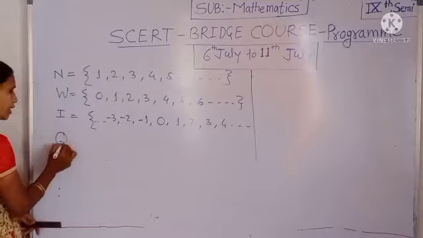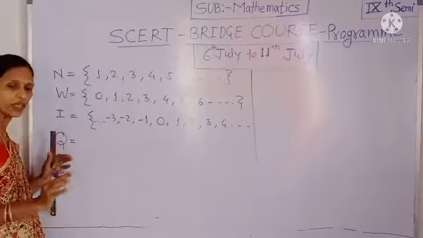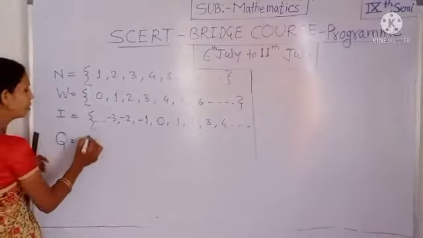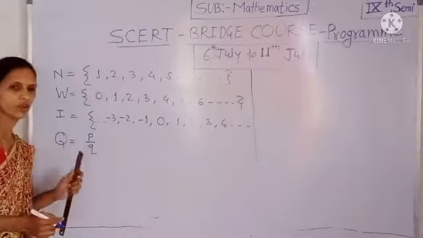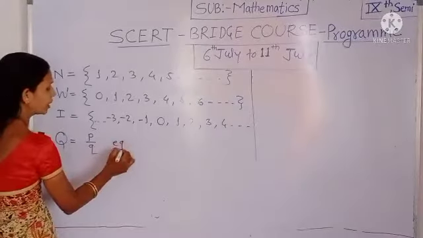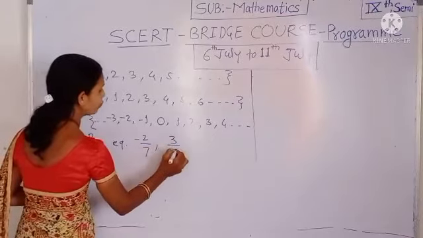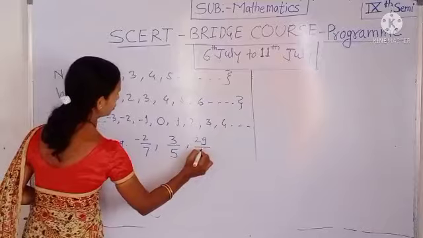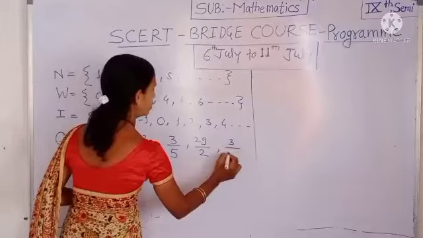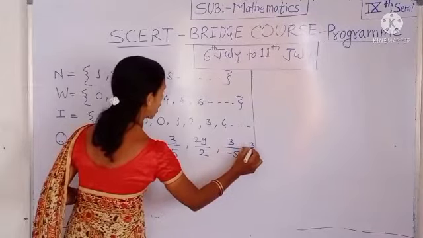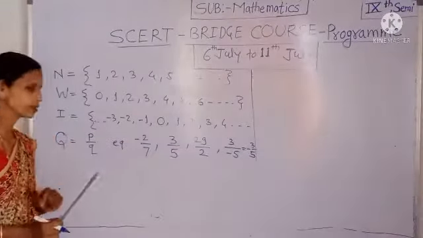Now, examples of a few rational numbers: rational numbers are those which can be written in p upon q form, and examples of those rational numbers we have already studied are -2 upon 7, 3 upon 5, 29 upon 2 and 3 upon -5, that can be written as -3 upon 5. These are a few examples of rational numbers.